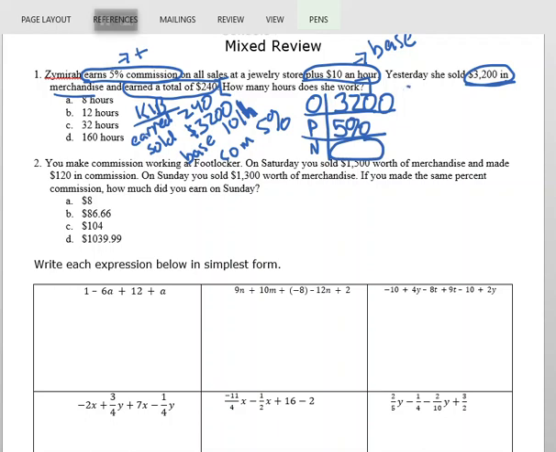I'm going to go over here, original times percent equals new. All right, so in this case, it's $3,200 times 0.05, which will give me her commission, which was $160.